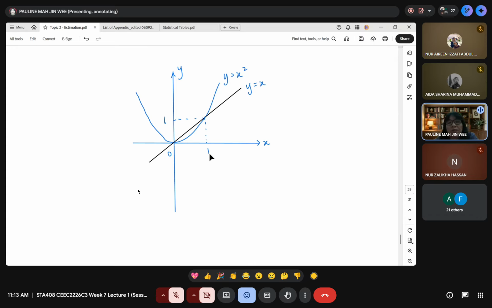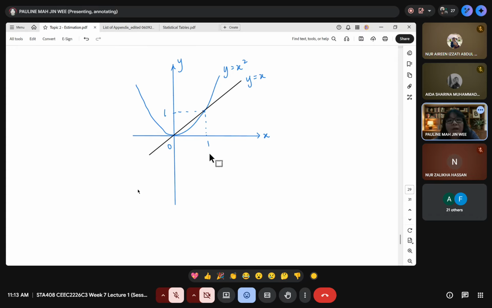So what do you notice? If x squared is between 0 and 1, your x will also be between 0 and 1. If your x squared is more than 1, your x value will also be more than 1.